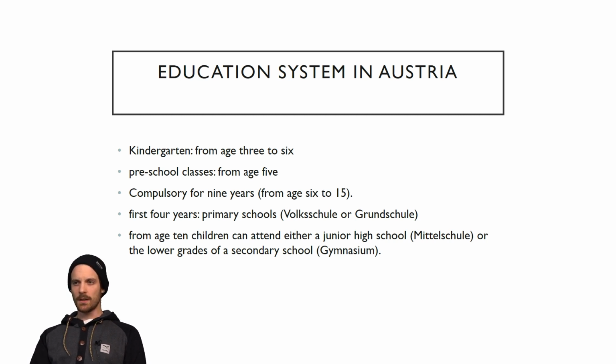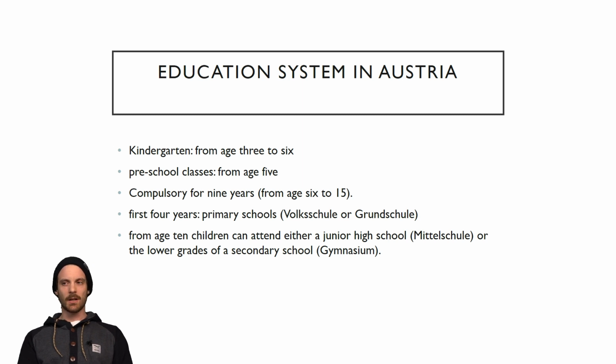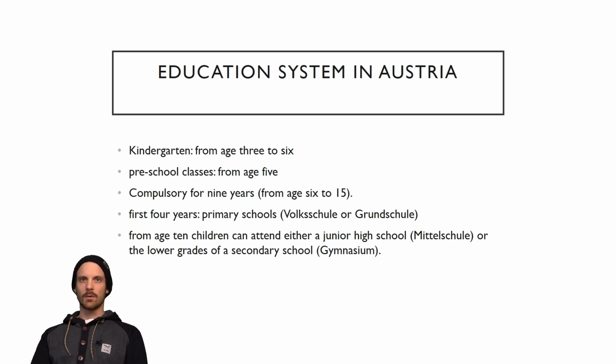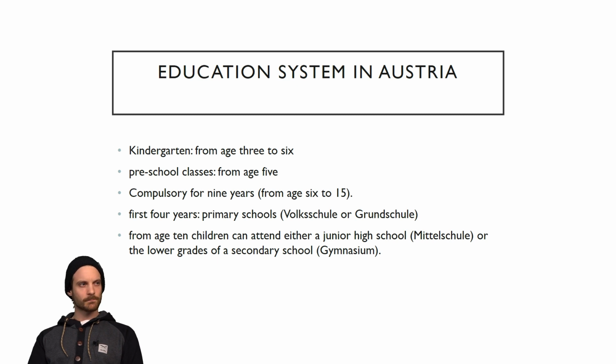The first 4 years are basically primary schools, called Volksschule or Grundschule. These are for every child. Those school types are the same.